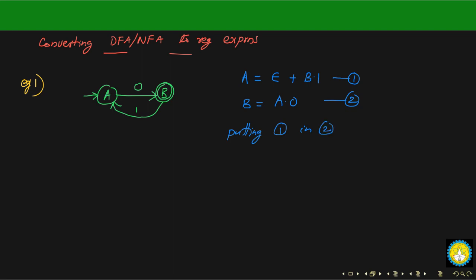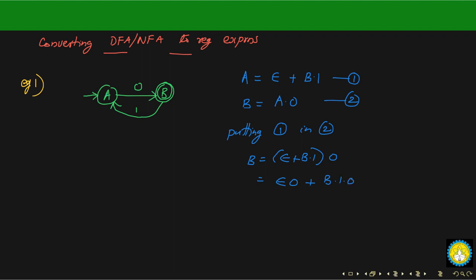You can see that this value here represents the value of A, and here also you can see an A. So you can just put this value here in this A. Doing that, you will get B equal to epsilon plus B.1 into 0. So now this becomes epsilon.0 plus B.1.0.